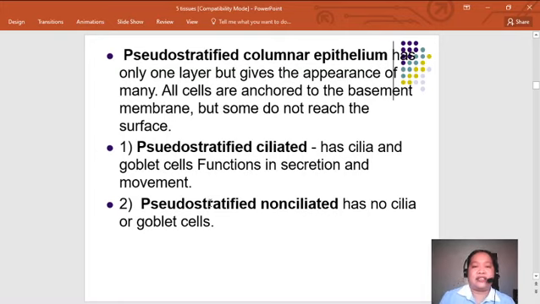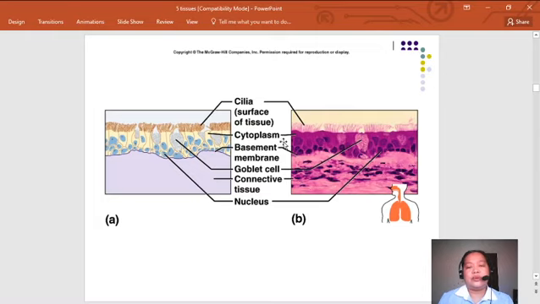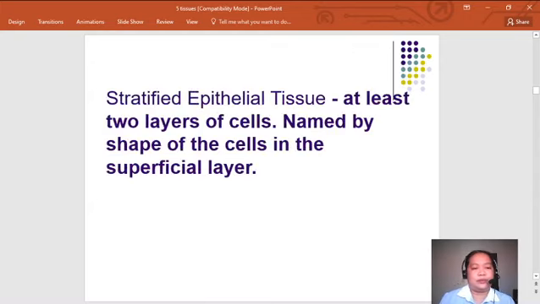One has cilia and the other has an absence of cilia. One good example of ciliated pseudostratified epithelium is the tracheal or bronchial lining, the respiratory tract. So the respiratory tract is a good example of pseudostratified epithelium.